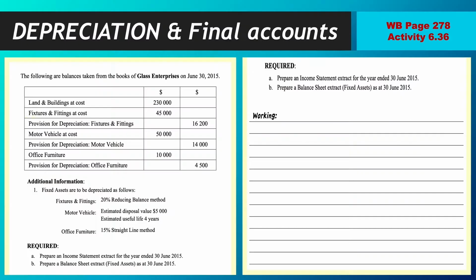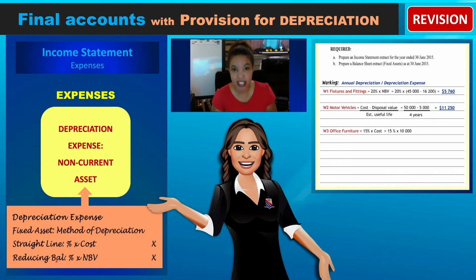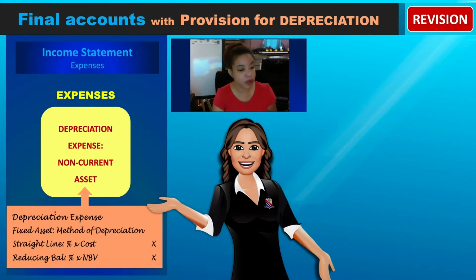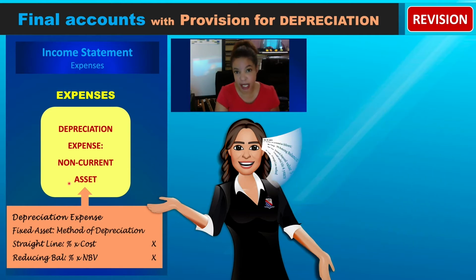Please review that video in terms of the calculations, and also look back in your notes and your books if you need to. Once it is stated how it is depreciated in the notes, you calculate your depreciation expense and it goes into your income statement.